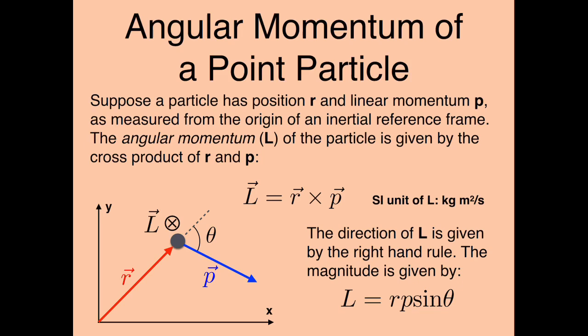Now, r is just a distance, so it's going to have units of meters. And p is a linear momentum, so it's going to have units of kilograms times meters per second. So if we put all of that together, the SI unit for angular momentum would be a kilogram times a meter squared per second. That's how we measure angular momentum.